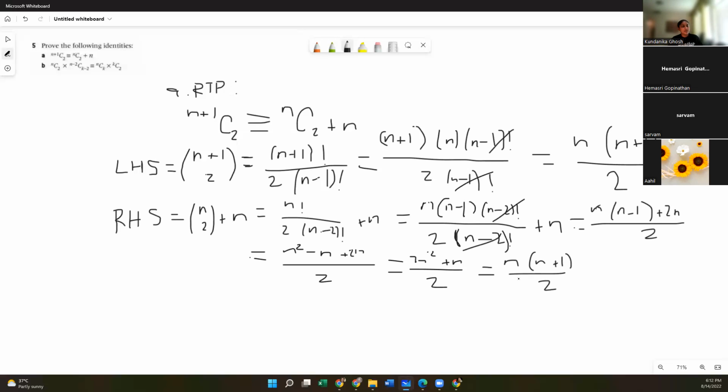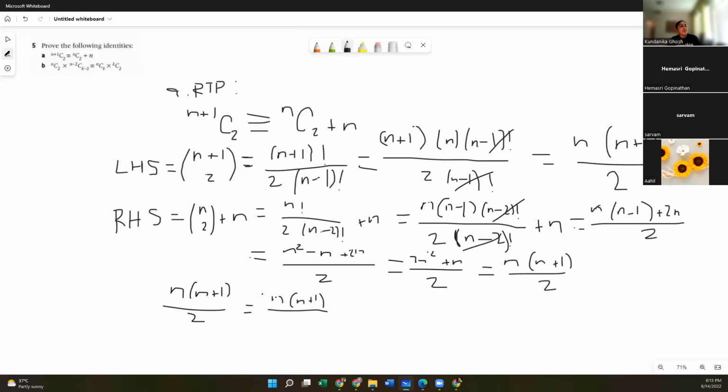And then because we've just shown that the left-hand side equals the right-hand side, what I normally do is write out the left-hand side and the right-hand side. So you have n times n plus 1 over 2 equals n times n plus 1 over 2. Usually in proofs, you want to make it look exactly identical.